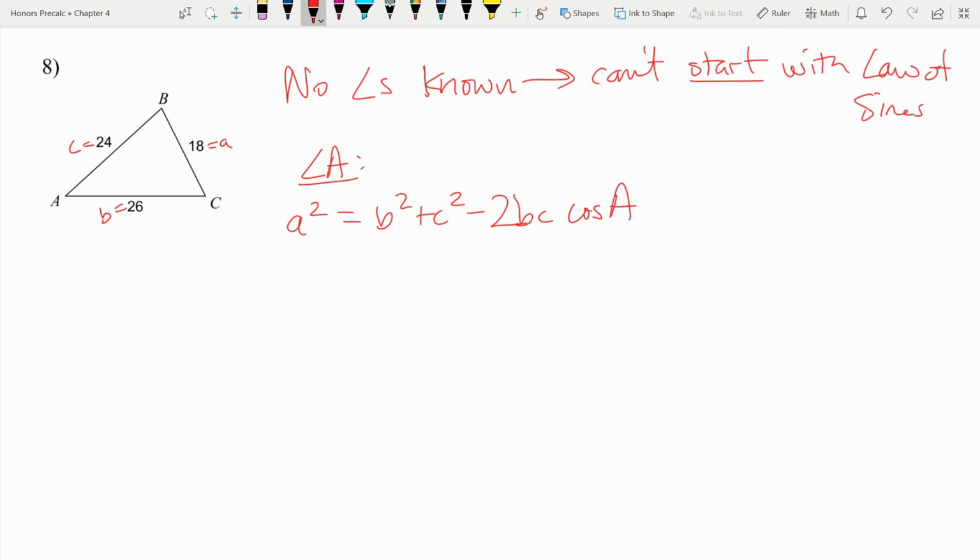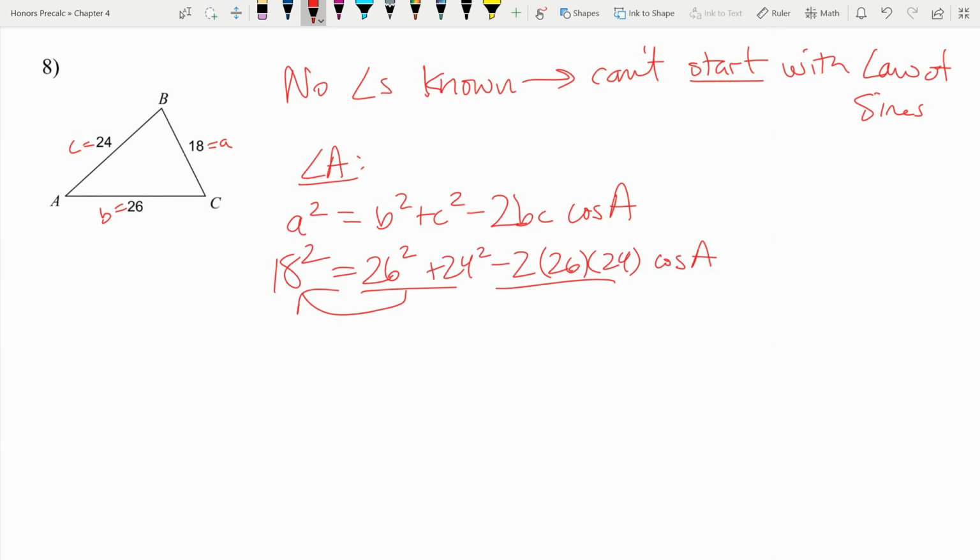It's really important you name them correctly, or you will get some wrong answers. So this would be 18 squared equals 26 squared plus 24 squared minus 2 times 26 times 24 for B and C, cosine of A. Our goal here is to take all this stuff and get it to the other side. You've got to do this in steps, though. Don't just start moving stuff around.